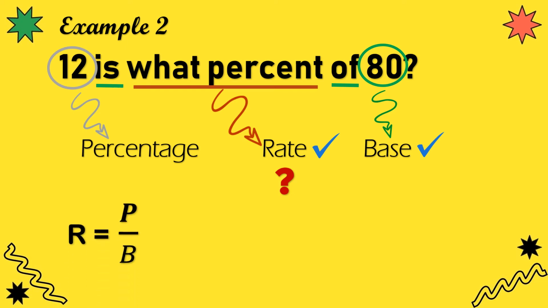Now, let's apply the formula. Since the rate is missing and the percentage and the base were given, we can use the formula R equals P divided by B. Then, substitute the given to the formula. We have R equals 12 divided by 80. So let us now divide. 12 divided by 80.